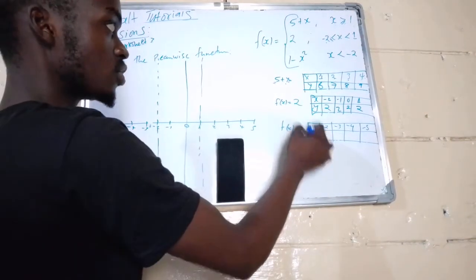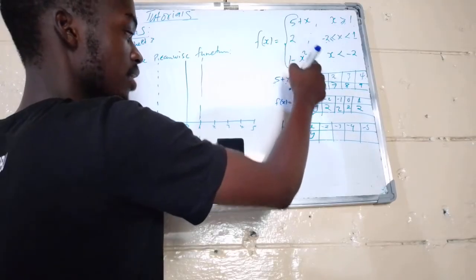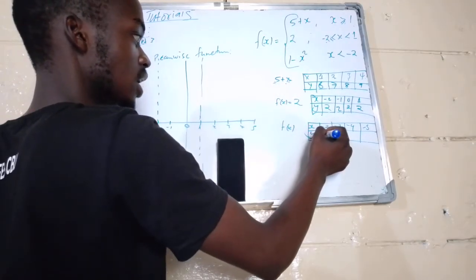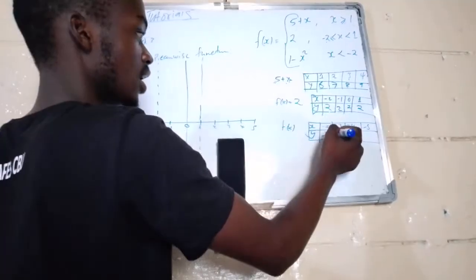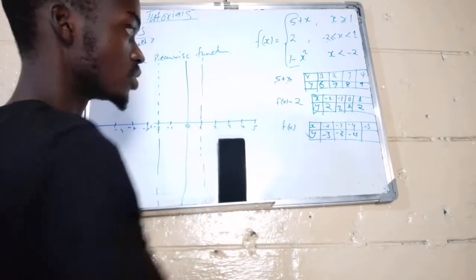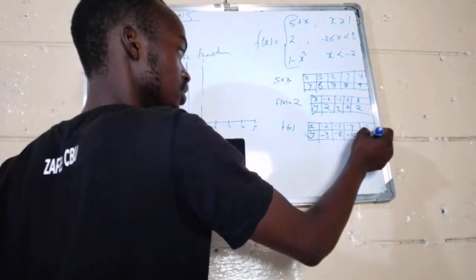So what is your y when x is negative? This is negative 2. 1 minus 4, it is negative 3. 1 minus 9, negative 8. 1 minus 16, negative 15. 1 minus 25, negative 24.